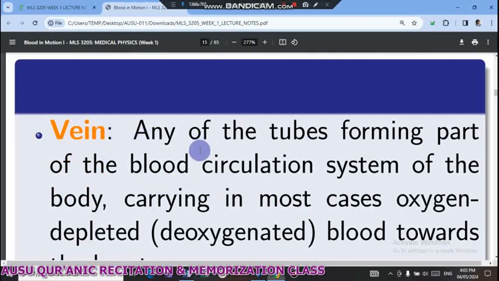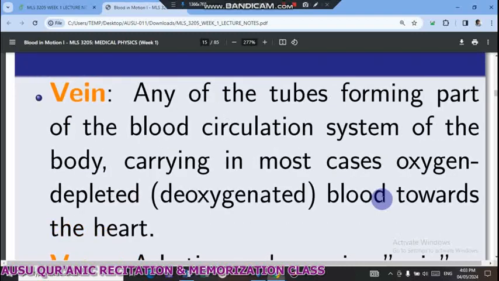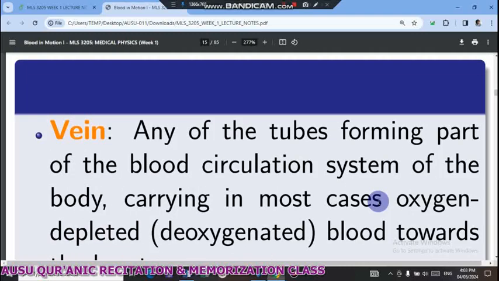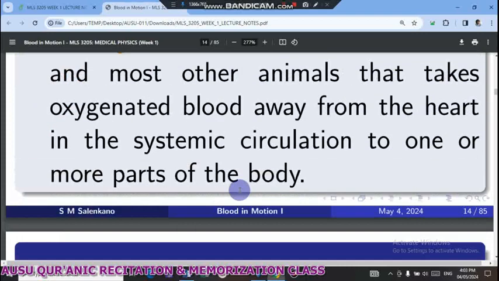It flows through the vein, and that is why they say any of the tubes forming part of the blood circulation system of the body, carrying in most cases oxygen depleted, meaning without oxygen, or deoxygenated blood towards the heart. But do we have a vein? Let's check pulmonary. The pulmonary vein, does it carry oxygenated blood? Does it carry deoxygenated blood? I think we have.